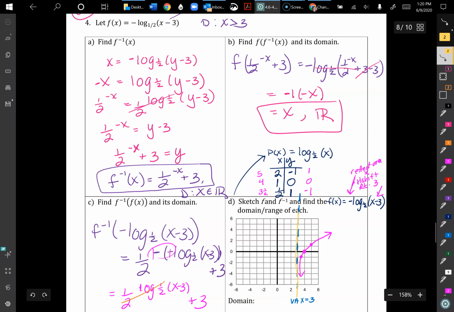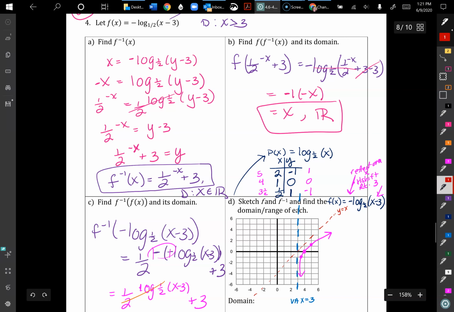And then I sketched in my vertical asymptote of x equals 3 and marked that. Now for the reflection, remember, the inverse reflects over the line y equals x. So I'm going to also know that my horizontal asymptote has changed. So I need to write that in.